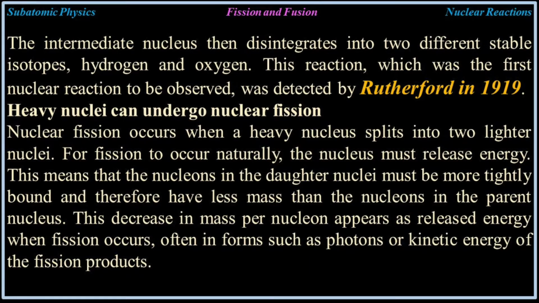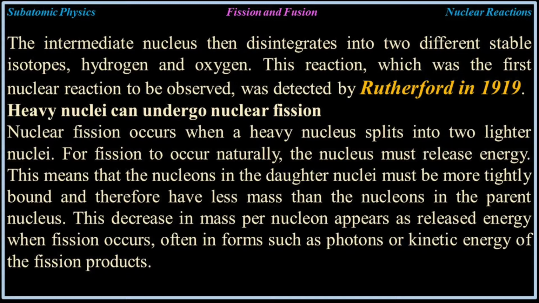The intermediate nucleus then disintegrates into two different stable isotopes, hydrogen and oxygen. This reaction, which was the first nuclear reaction to be observed, was detected by Rutherford in 1919.